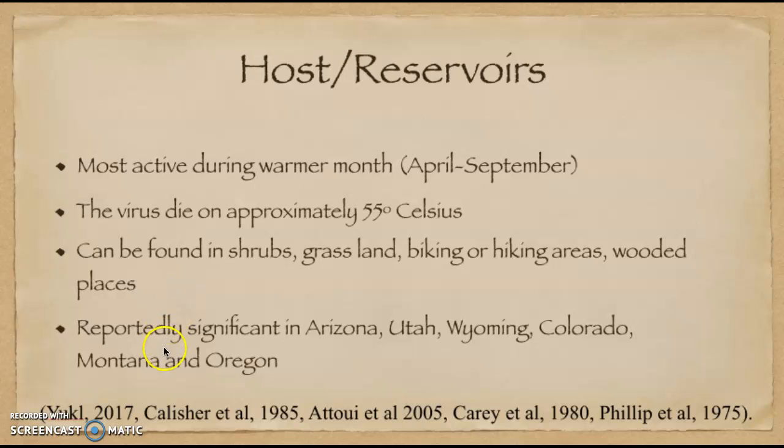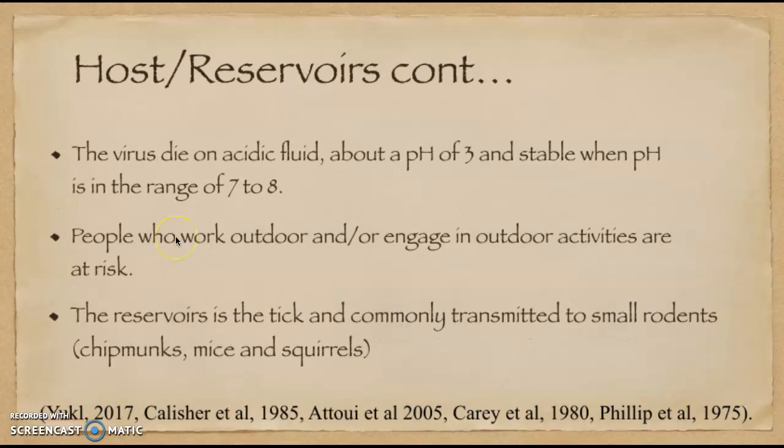Cases are reportedly significant in Arizona, Utah, Wyoming, Colorado, Montana, and Oregon. The virus dies in acidic environments, about pH of 3, and is stable at about pH of 7 to 8.